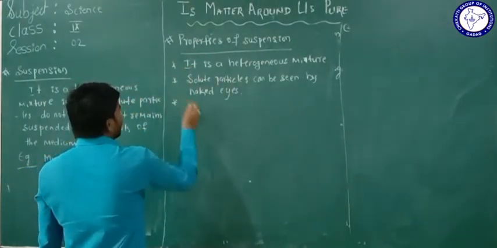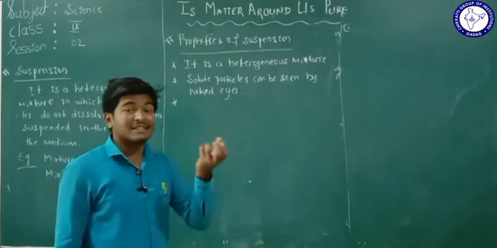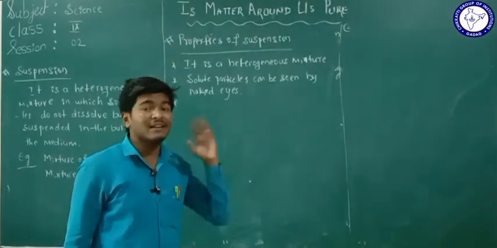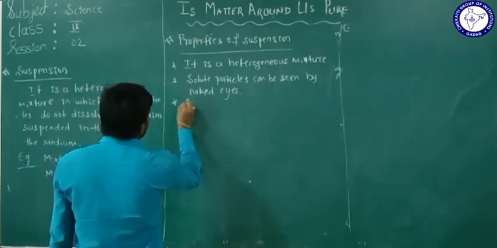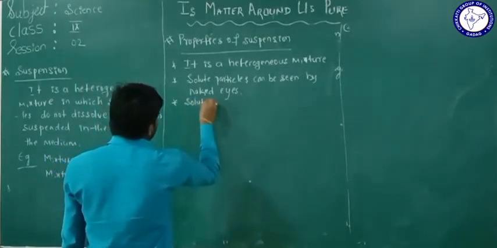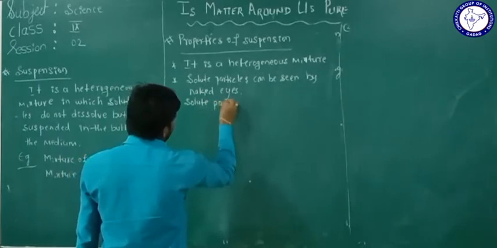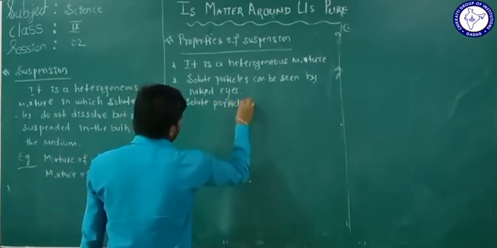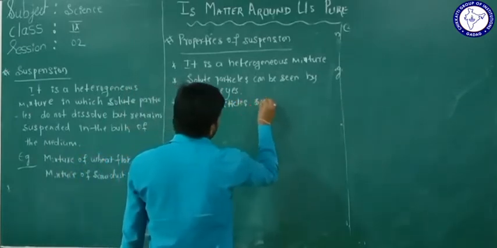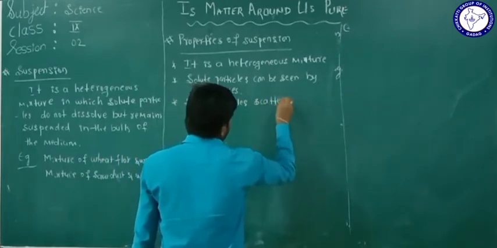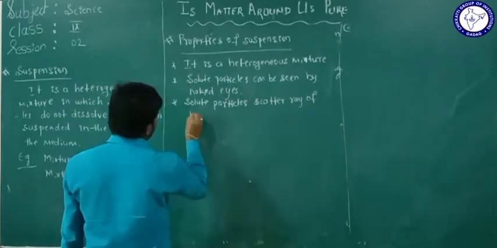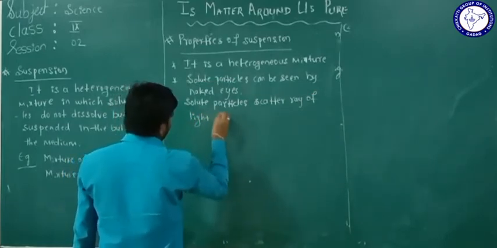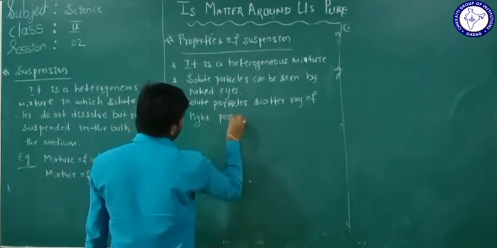Next one is, if the solute particles can be seen easily, then they can scatter the ray of light passing through it.